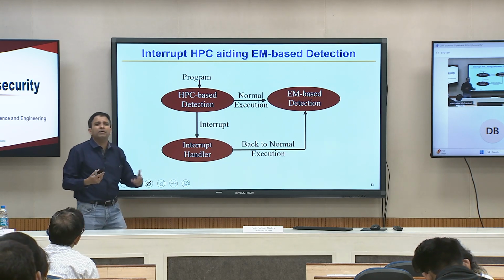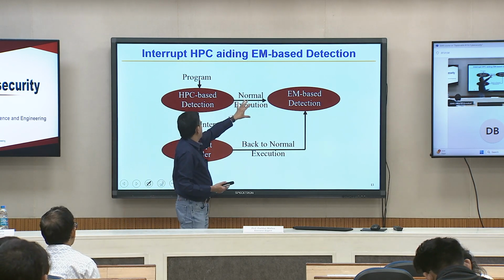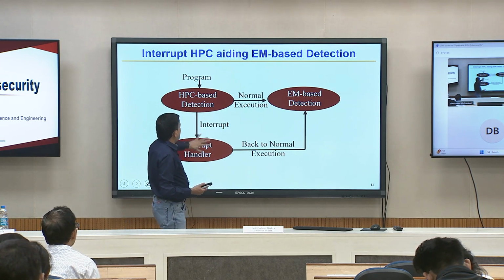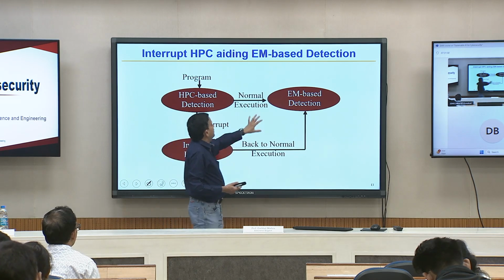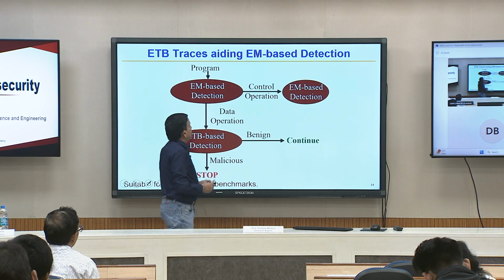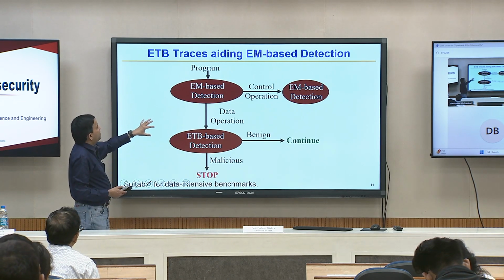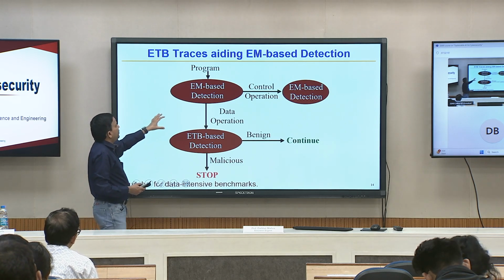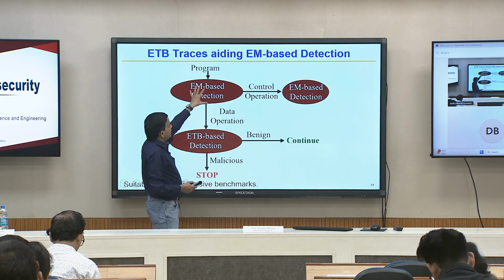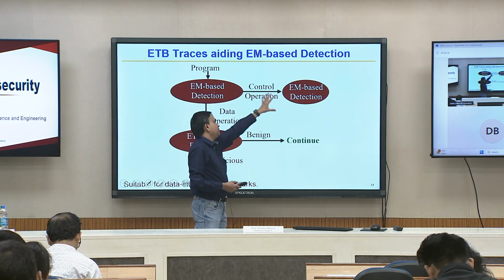Certain programs have a lot of interrupts, then HPC will be able to handle normal execution, and if there is an interrupt, you do interrupt handling, and then on a normal execution you can do EM based detection. Some other thing, ETB traces can aid EM based detection. So, for example, if there are control intensive programs, then you can start with EM based detection, and if it is a control operation, then you go with embedded.